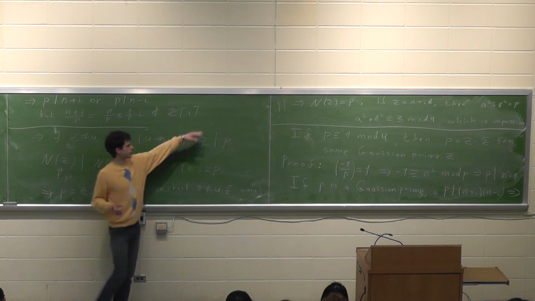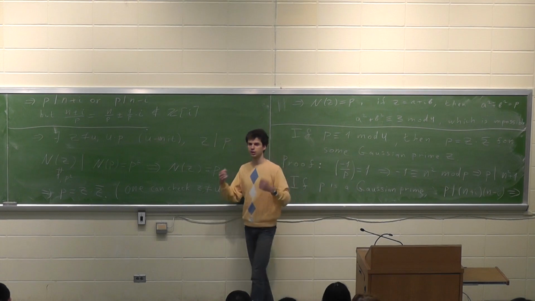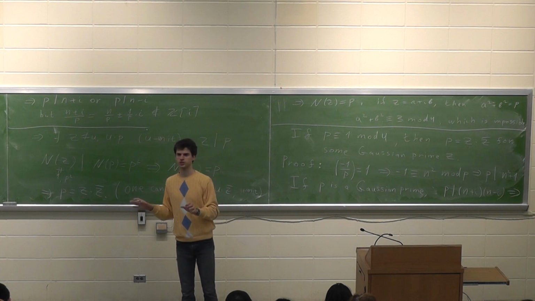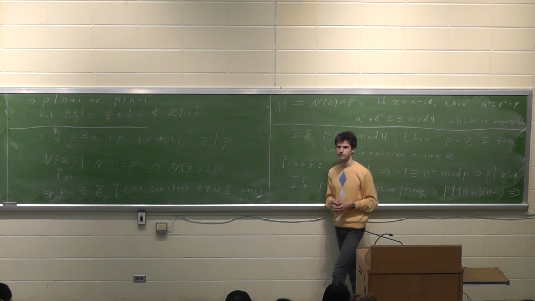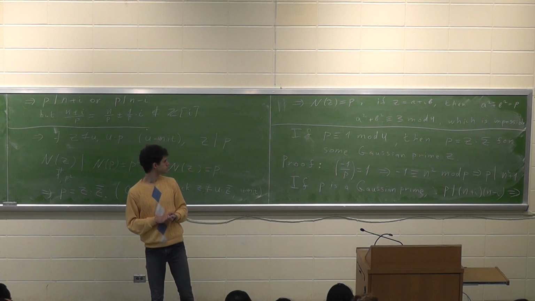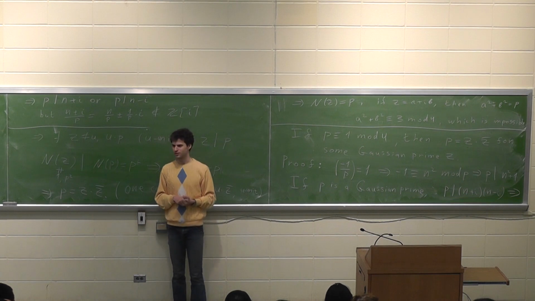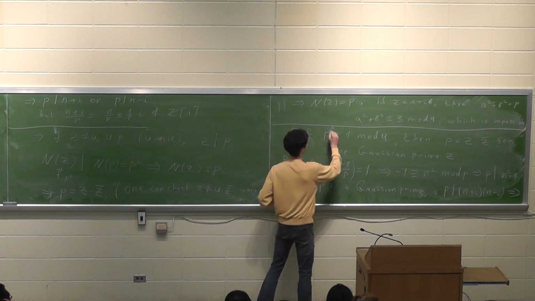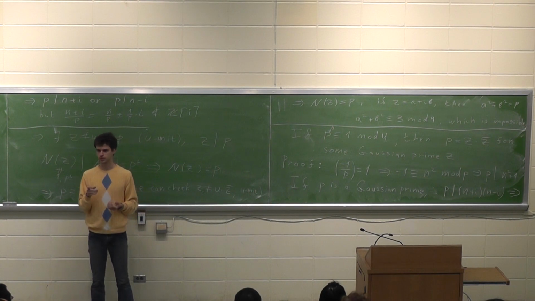So in fact, for any prime which is 1 modulo 4, we have a factorization like this. In Gaussian integers, such a prime is a product of two Gaussian primes, and these Gaussian primes are conjugates of each other. Question?